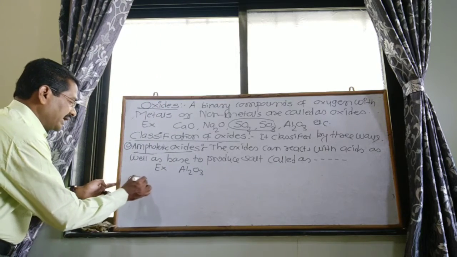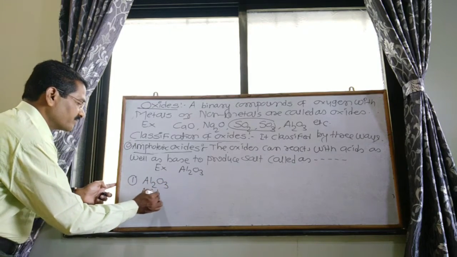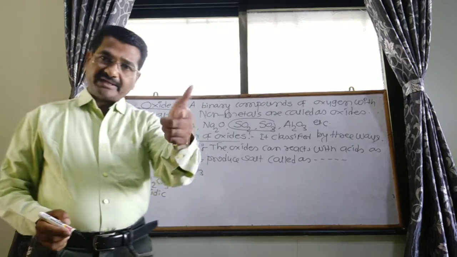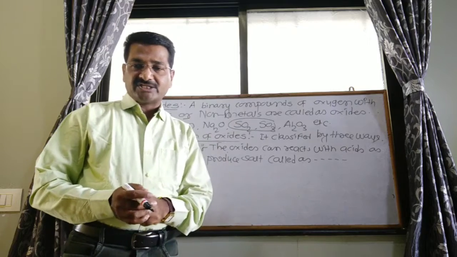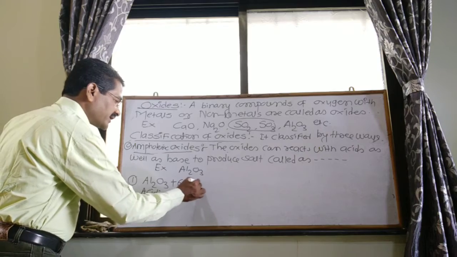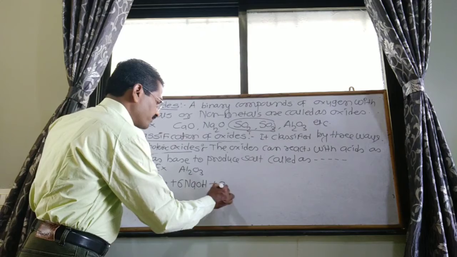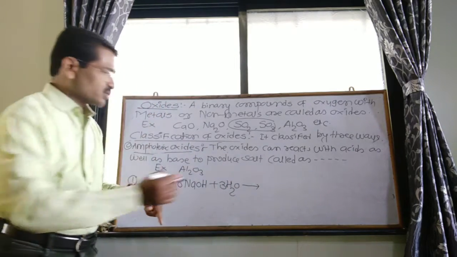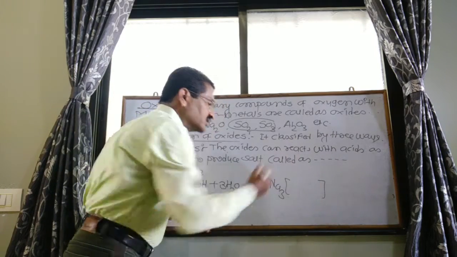Al2O3 is amphoteric and can show both properties, acid and base. How does it show acidic nature? Whenever it reacts with base in aqueous medium, it produces a salt.